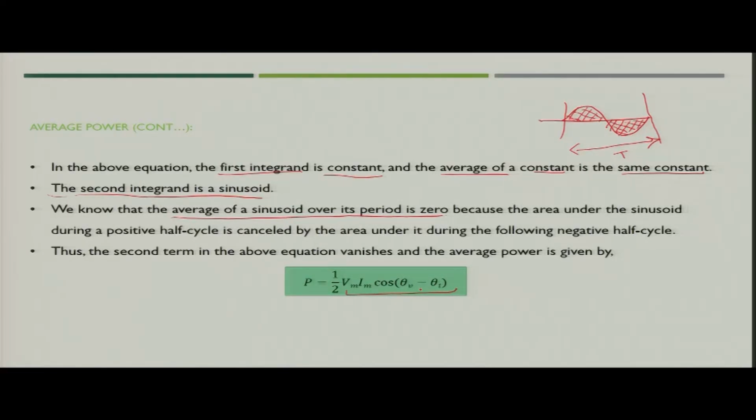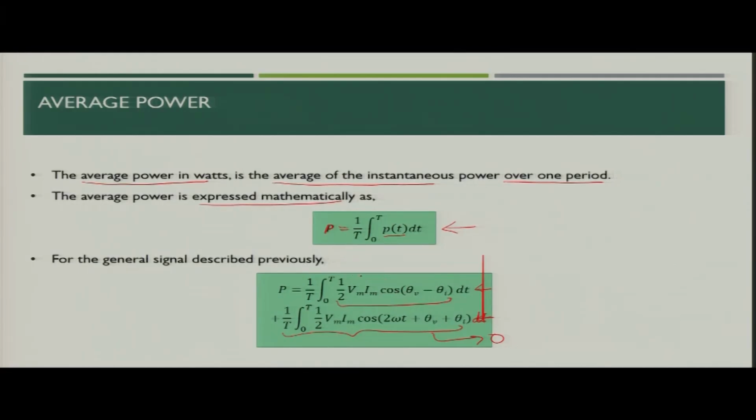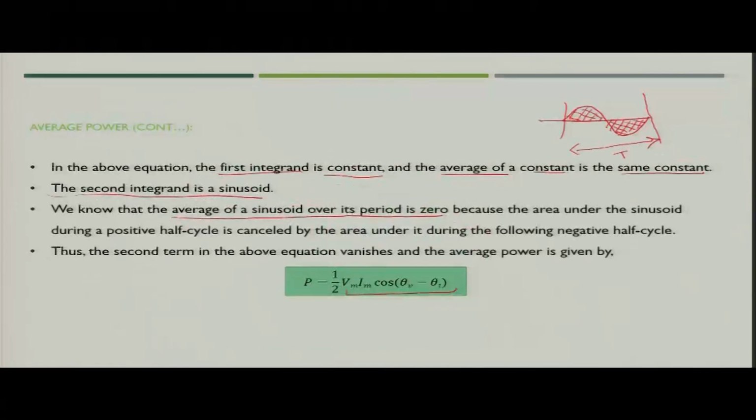So, this is nothing but the constant term which is left from the instantaneous power expression. So, we can say that the average power P is nothing but the constant term which we have got from the instantaneous power.